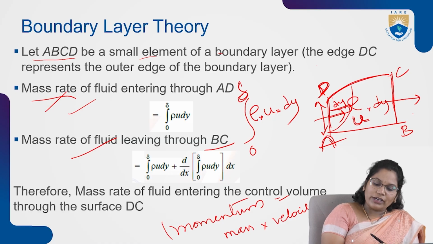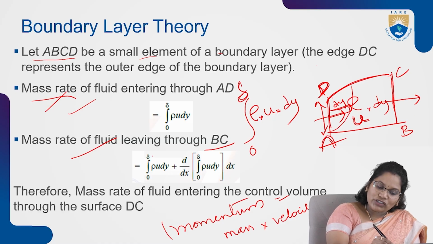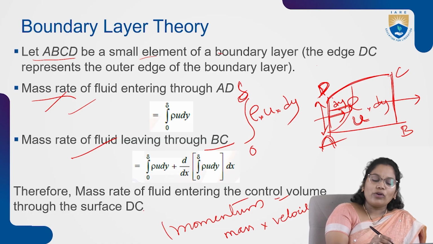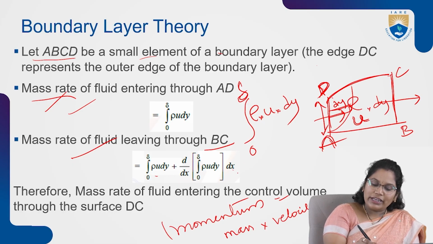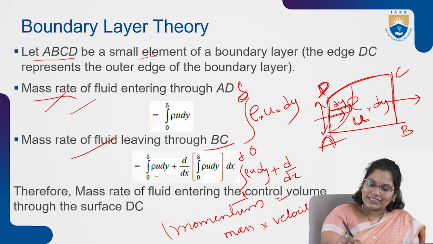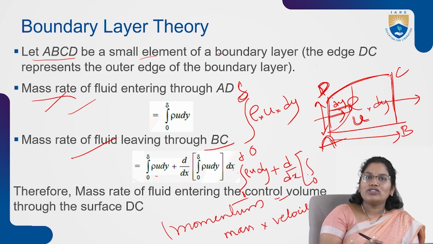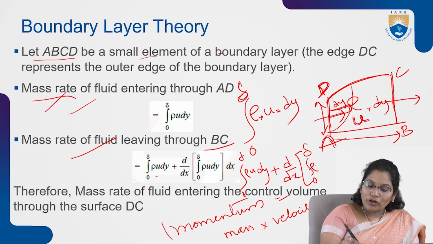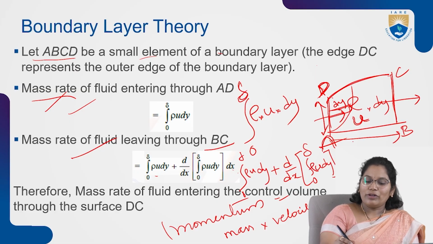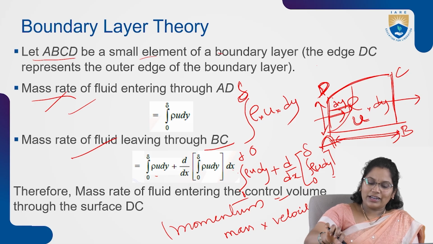So here, the integration from 0 to delta of rho u dy, plus the differential portion, d by dx of the integration from 0 to delta of rho u dy, into dx, because this complete length is being considered.